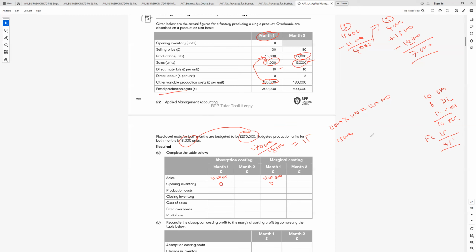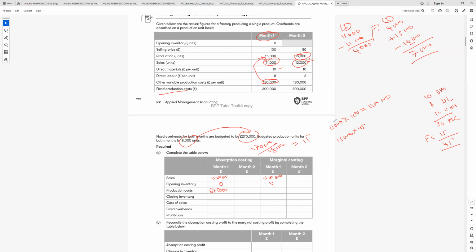Okay, so we have it now. So 15,000 units, and the cost is 45 under the absorption costing, 45 per unit. So 15,000 we make times 45, and that gives me 675,000 for month 1 under the absorption.